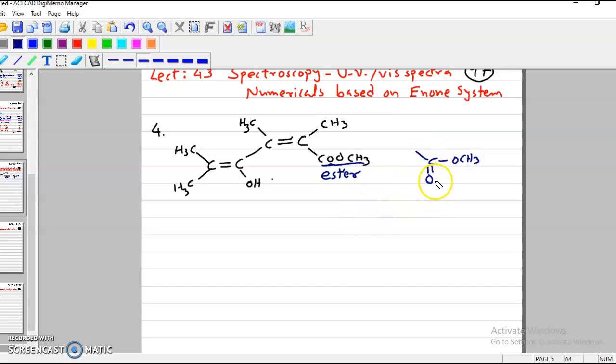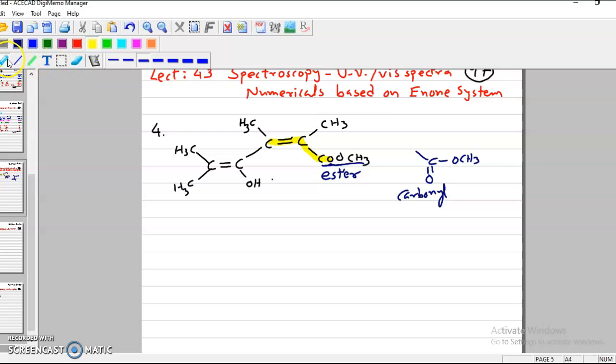That means it is basically carbonyl group. So it is carbonyl group, and now with this CO there will be single bond carbon-carbon and C double bond C. So this is our system. So our system starts from CO, single bond C, and C double bond C. Okay, so this is our system.